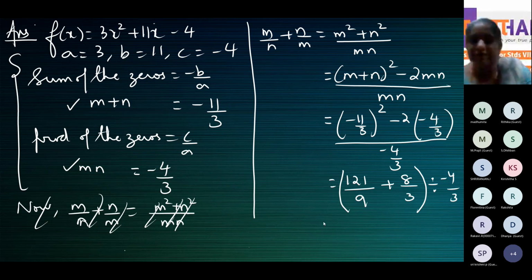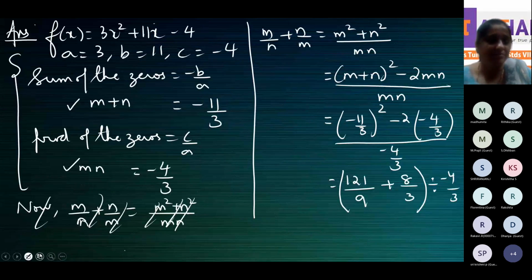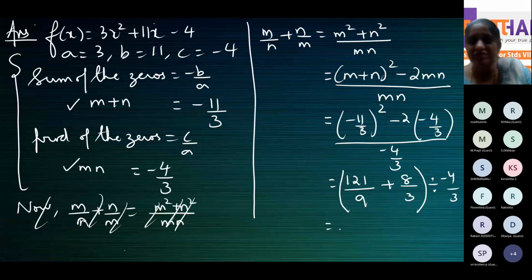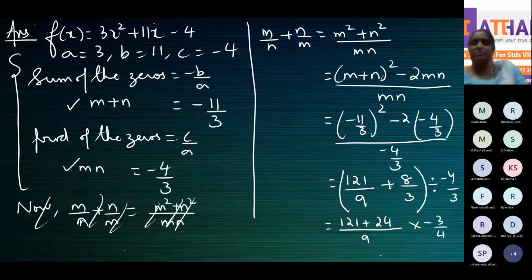Then in the next step, LCM, which is 9. So you get 121 plus 24 into minus 3 by 4. So this is equal to 146, 146 by 9 into minus 3 by 4.